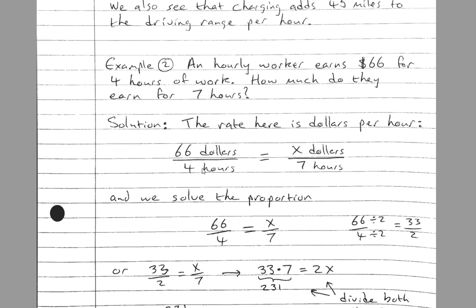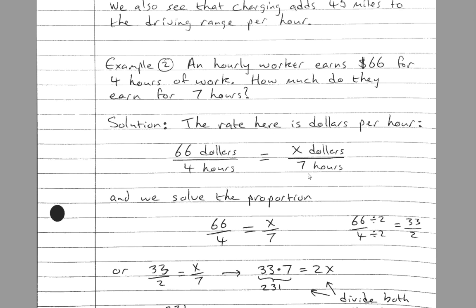So this worker earned $66 for 4 hours of work. So it's dollars per hour. It makes sense to put the dollars on the top here, hours on the bottom. How much do they earn for 7 hours?